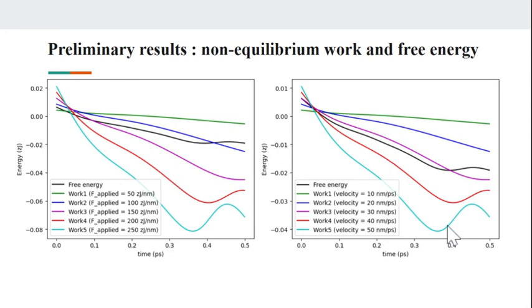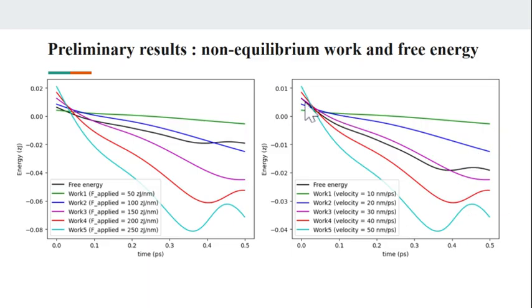The graph on the right is for a constant velocity simulation, and here too the constant velocity that I've targeted is progressively increasing from the green curve to the cyan one, from 10 nanometers per picosecond to about 50 nanometers per picosecond.